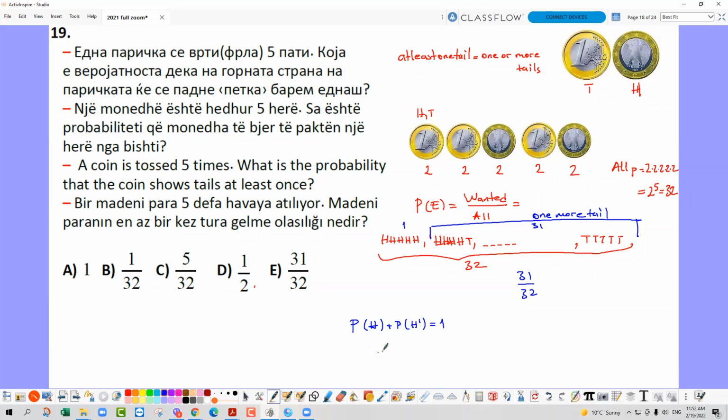So probability of all heads is 1 over 32, plus the probability of not all heads. Probability of the event not happening is 1 minus 1 over 32, which is equal to 31 over 32. We are getting the same answer here, which is 31 over 32, and it is E.